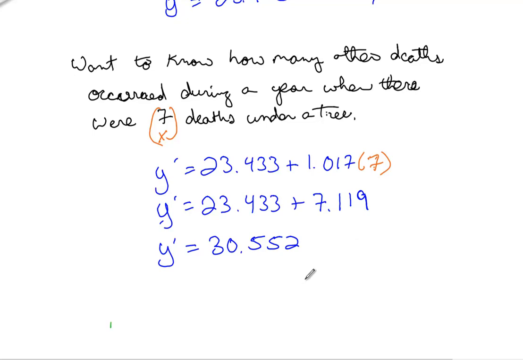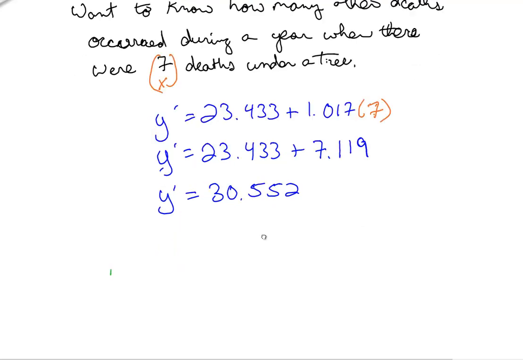So we get this decimal. We have to think about it. Can we have a partial number of other types of deaths? No, so we're going to round. And we're going to round using normal rounding rules.